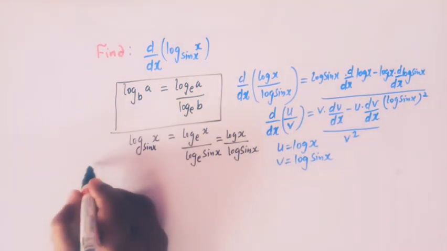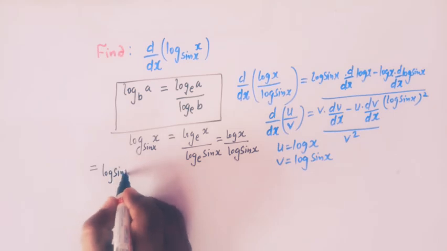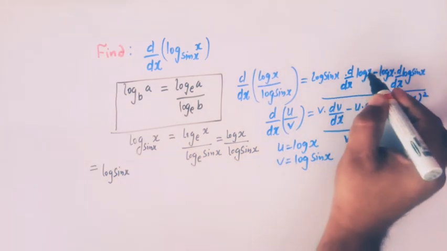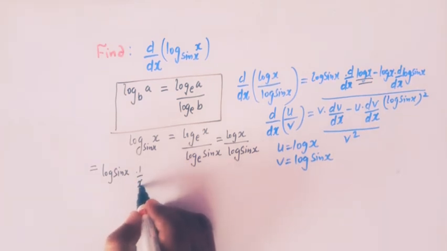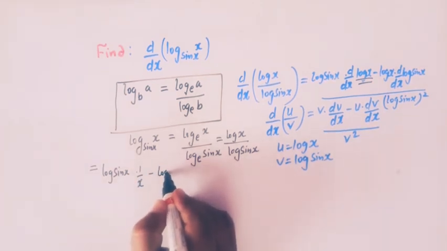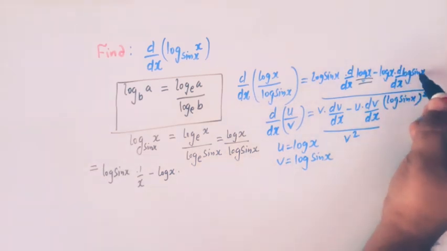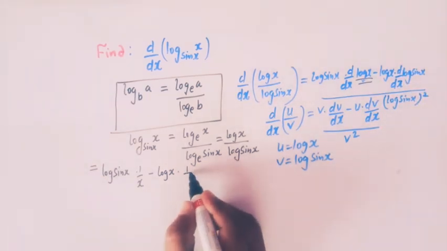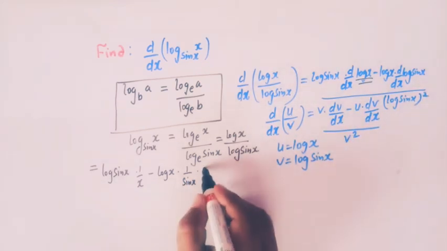So we have log sin x, and the derivative of log x is 1 over x, minus log x times the derivative of log sin x, which is 1 over sin x times cos x.